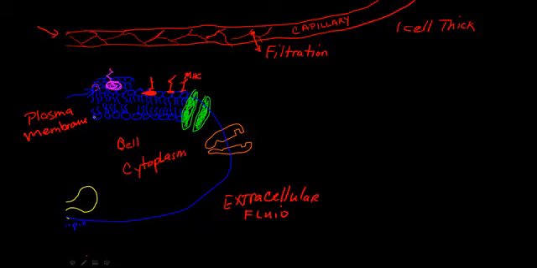Now if you'll notice these little molecules right here, this is what the membrane is made of. It's a circular head like this with two tails. This is called a phospholipid. That's all you need to know. This part is polar, so it loves water.